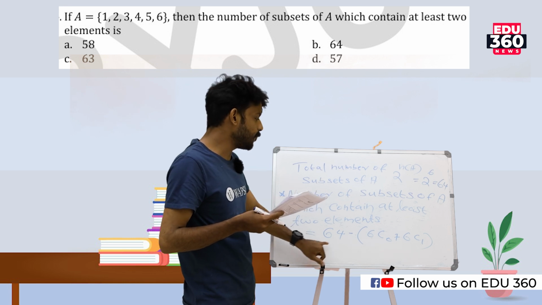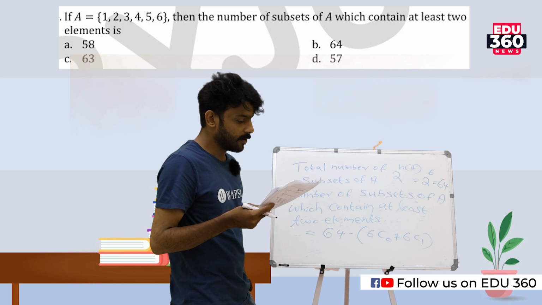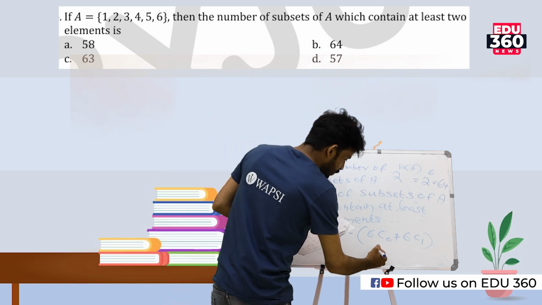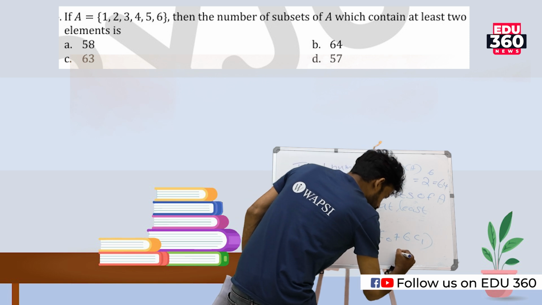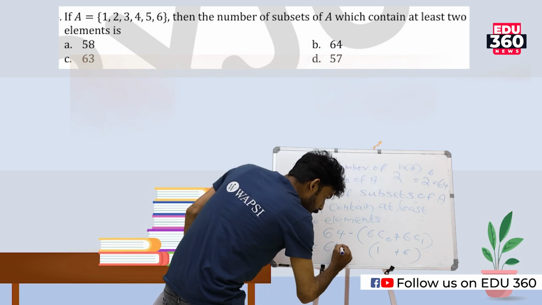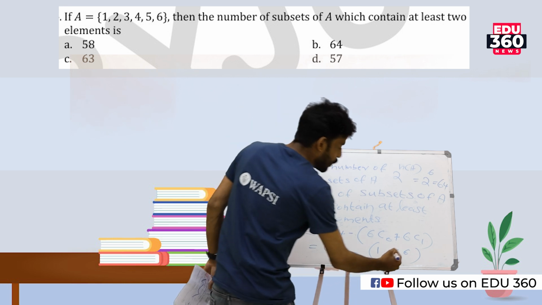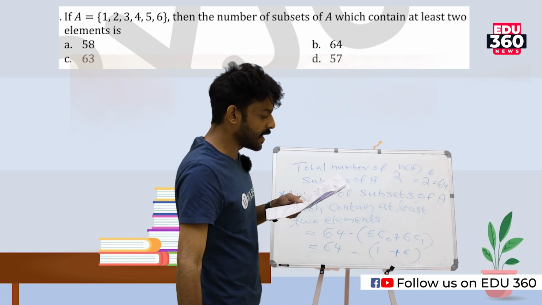So that is 64 minus total minus 6C0 plus 6C1. So what is the value of 6C0? 6C0 means the value is 1 and 6C1 the value is 6. So in the next step we can write as 64 minus 1 plus 6. 1 plus 6, that is 7. So in the next step we can write 64 minus 7.